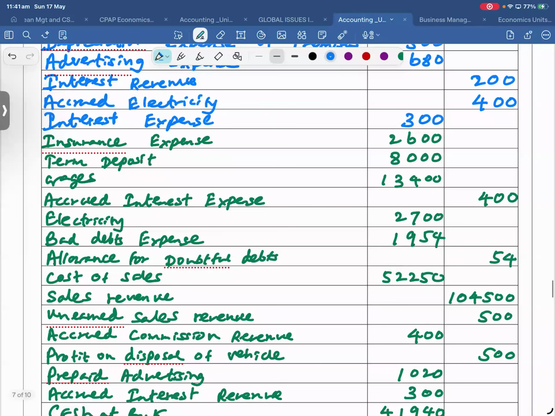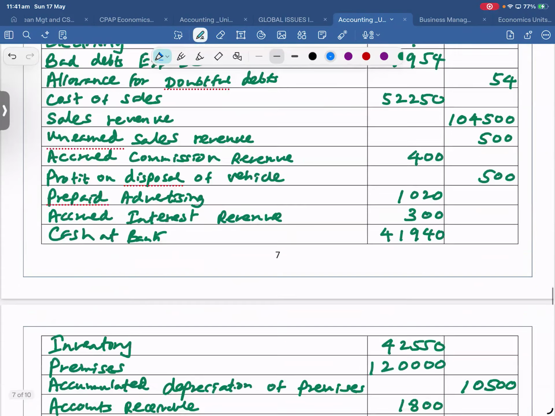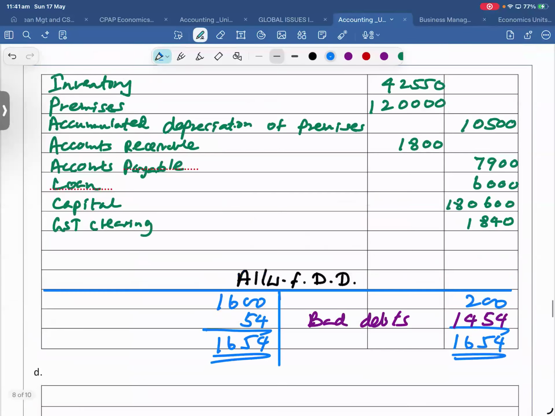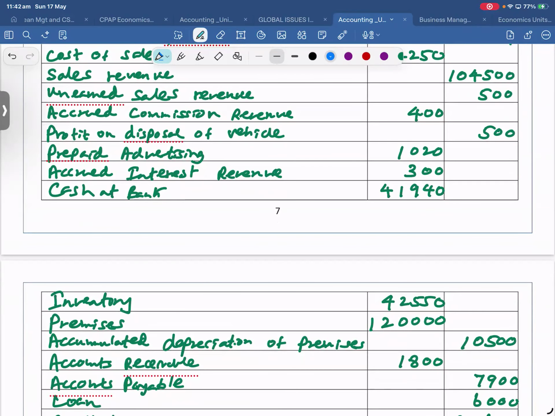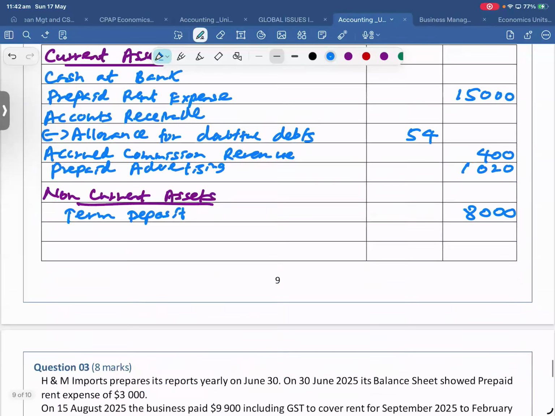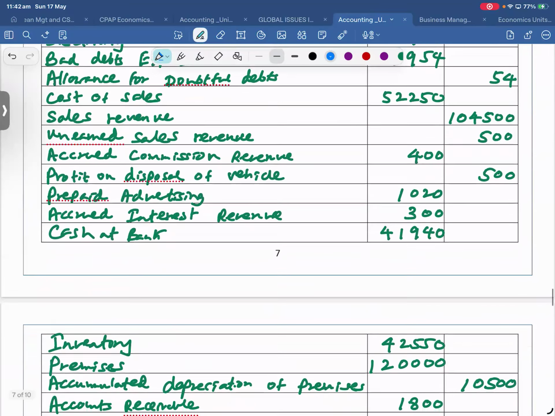And then we have accrued interest revenue. Accrued interest revenue is 300, another current asset. Hold on. Accrued interest revenue 300.